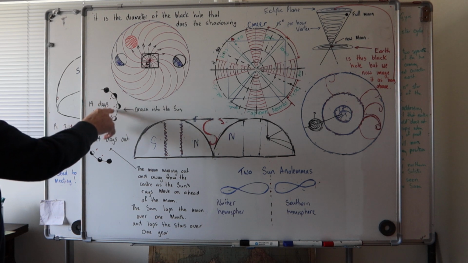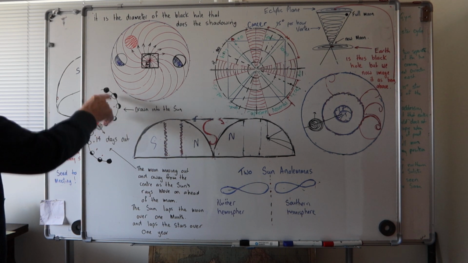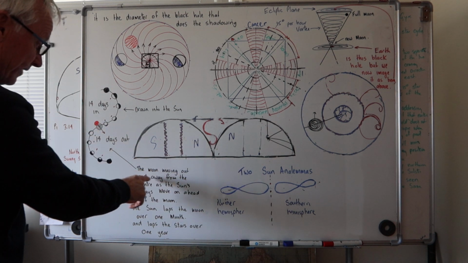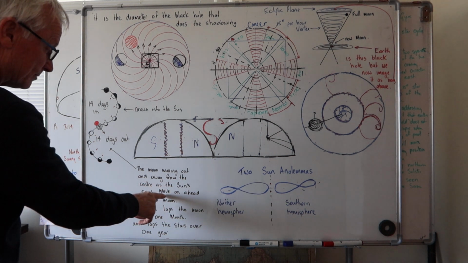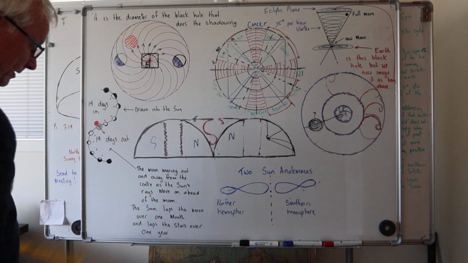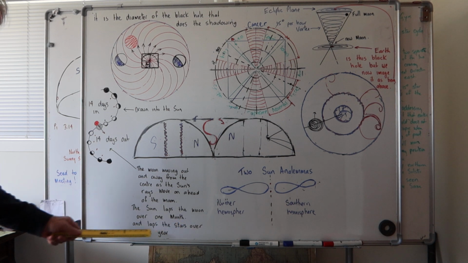14 days into the sun, gets drawn into the sun. As the sun's approaching it, you've got to realise the moon moving out and away from the centre as the sun's rays move on ahead of the moon. The sun laps the moon over 1 month and laps the stars over 1 year.